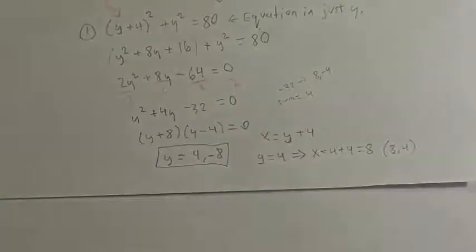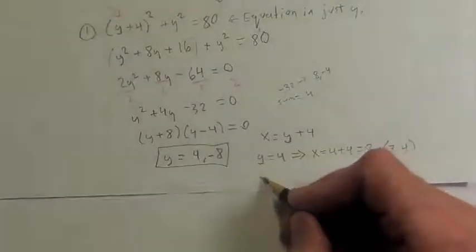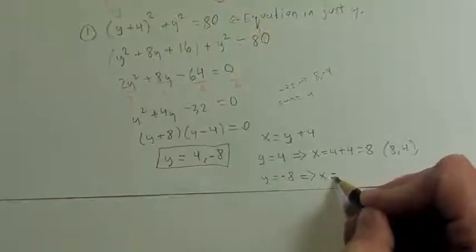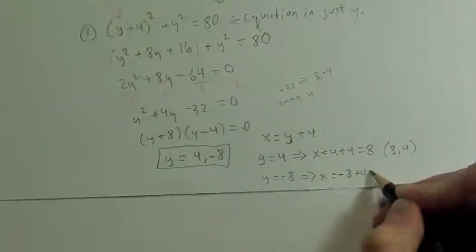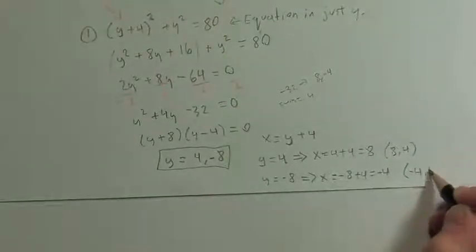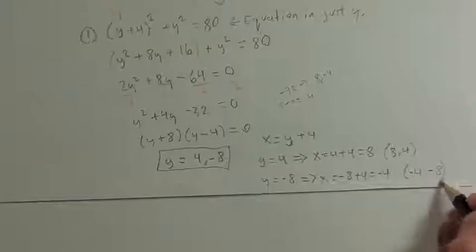When I have that y is equal to negative 8, x will be negative 8 plus 4, which is negative 4. So we now have the point negative 4, negative 8.